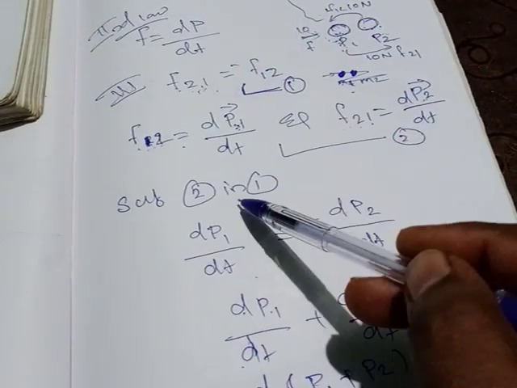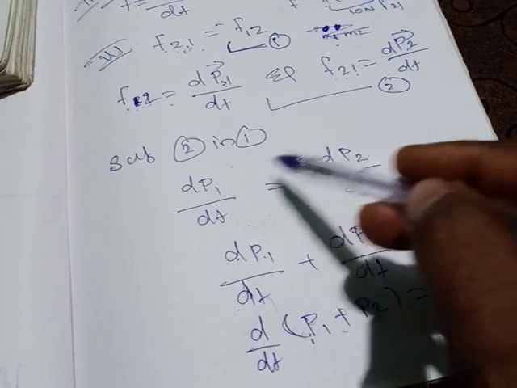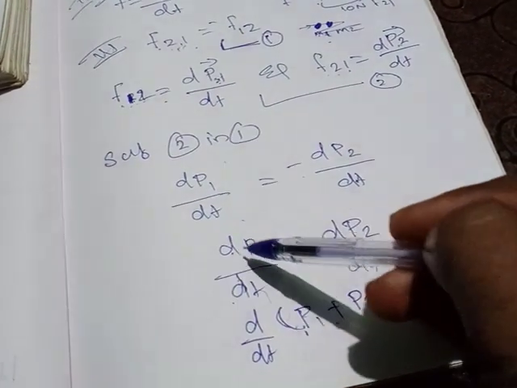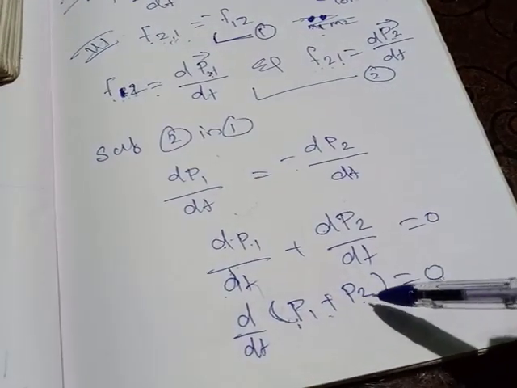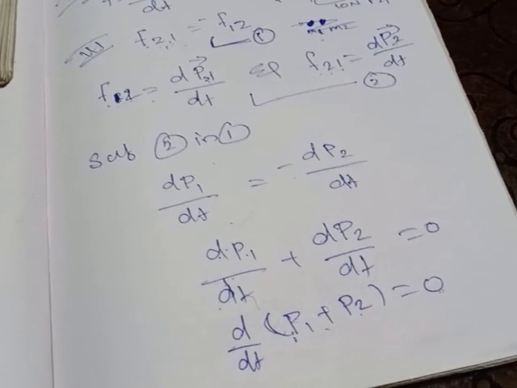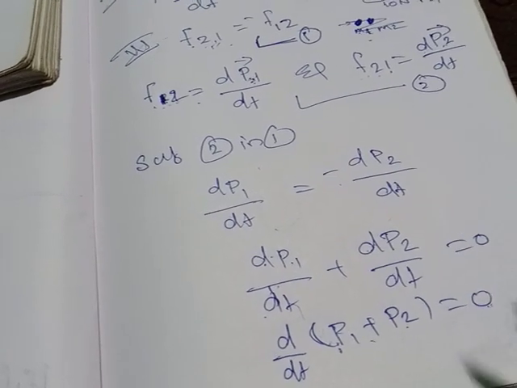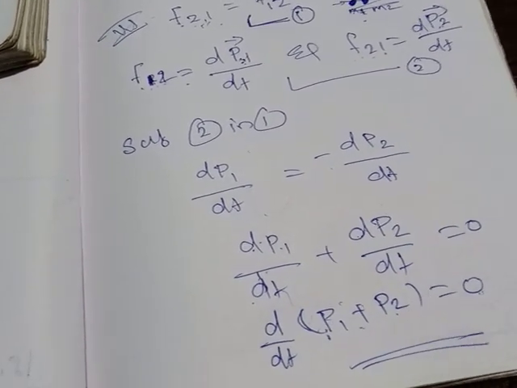Now substituting the second equation in the first, I take the minus part to this side, and d by dt is common, so you can take it outside. So d by dt of p1 plus p2 is equal to 0.